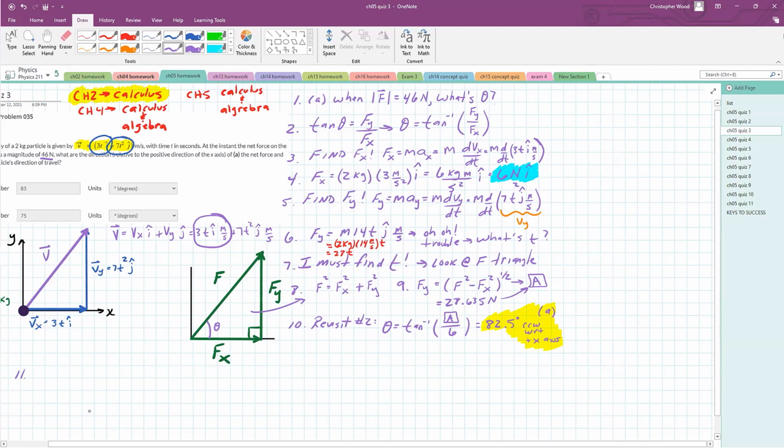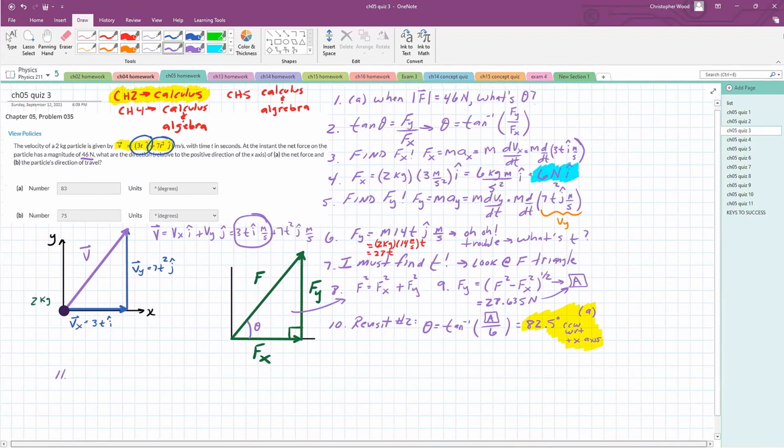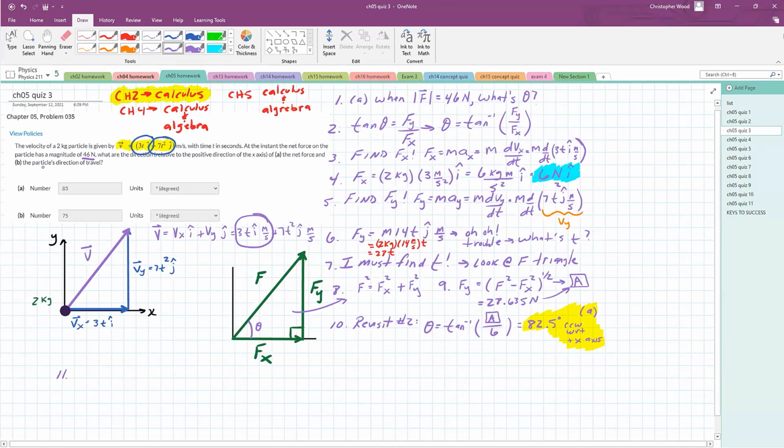Part B is saying what is the net direction? What is the particle's direction of travel? You know what that's referring to? This refers to velocity direction.